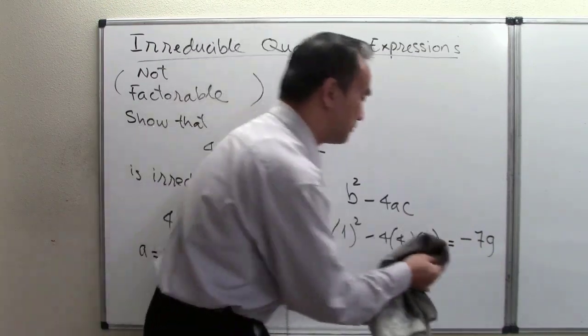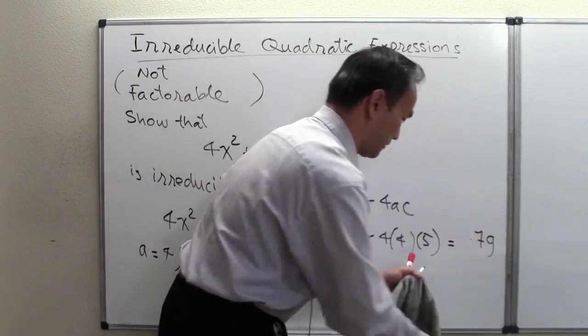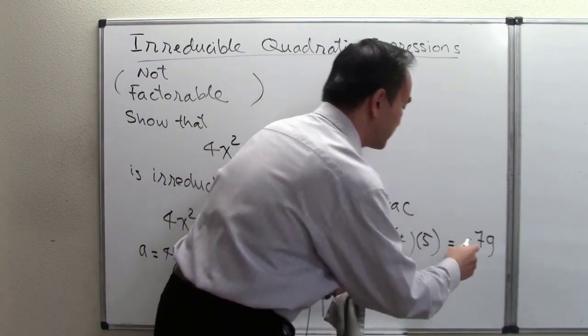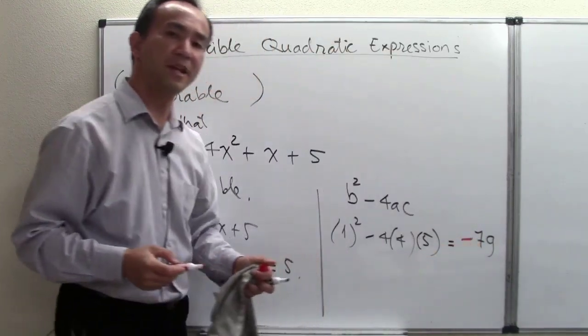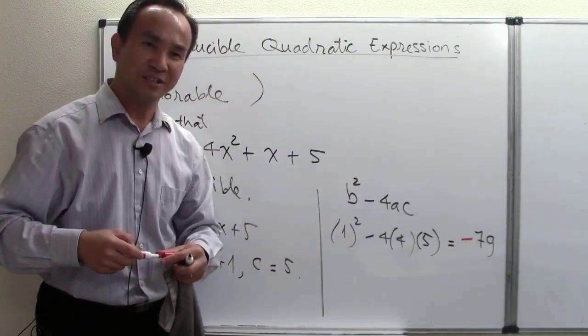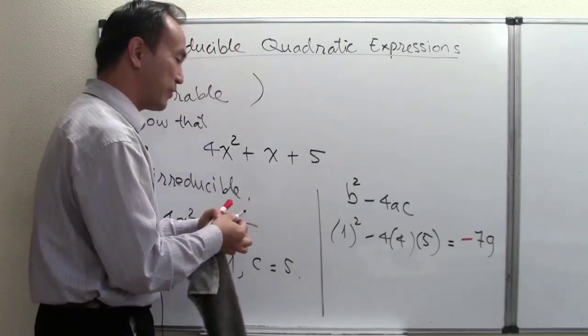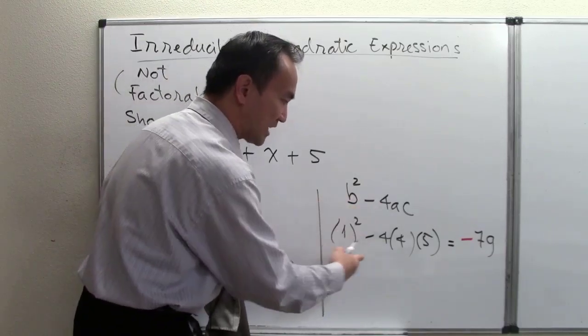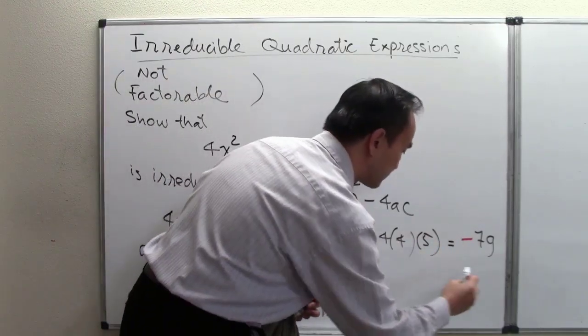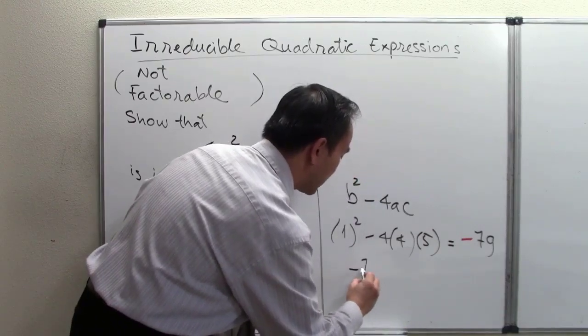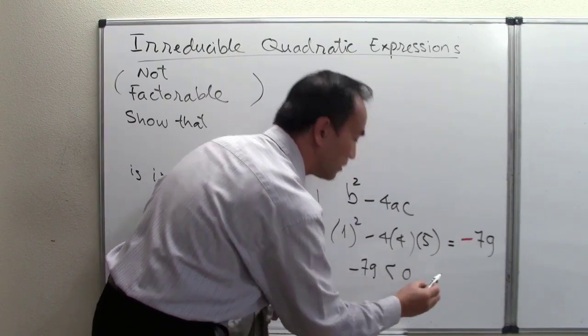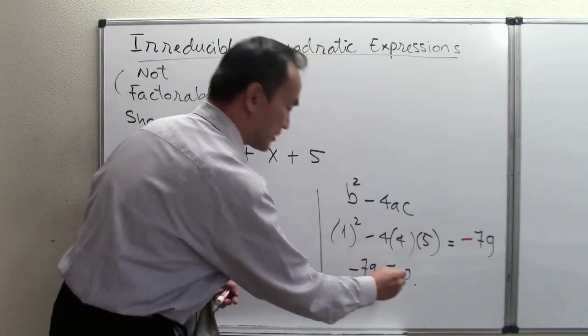Allow me to put that negative sign in red ink right here. So the point now is that the b squared minus 4ac turns out to be a negative value. Negative 79 is a negative value, less than 0. And so that is solid enough.